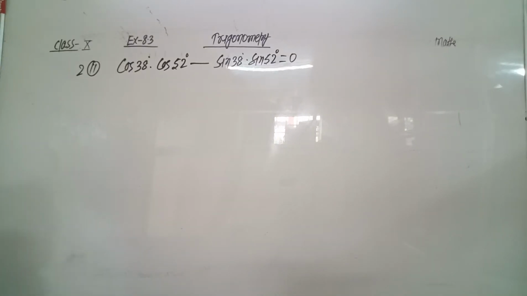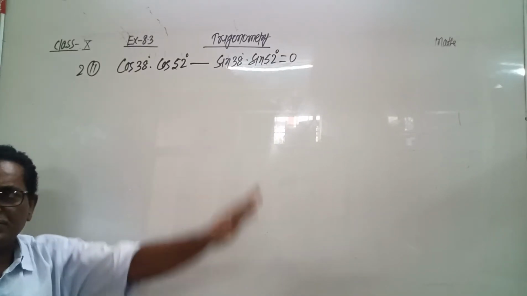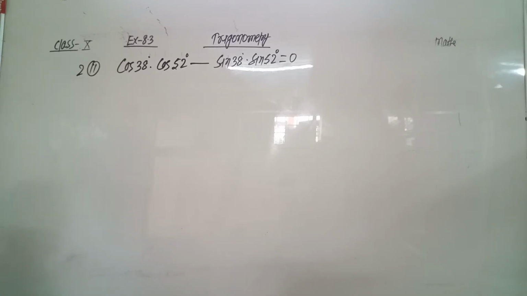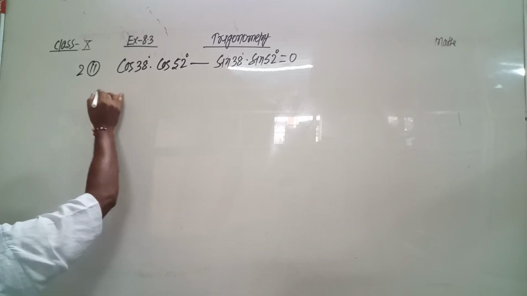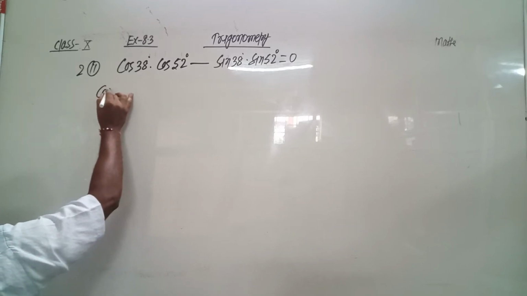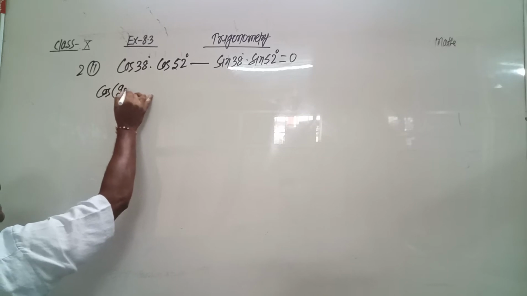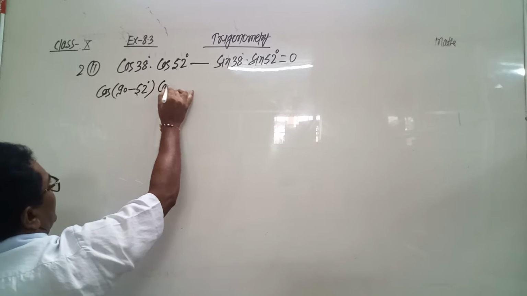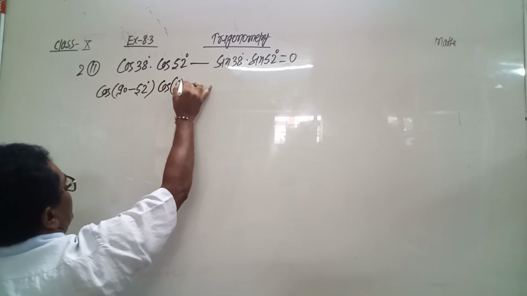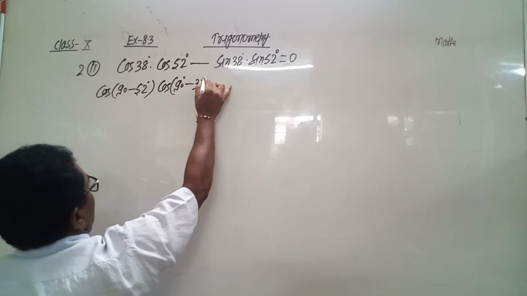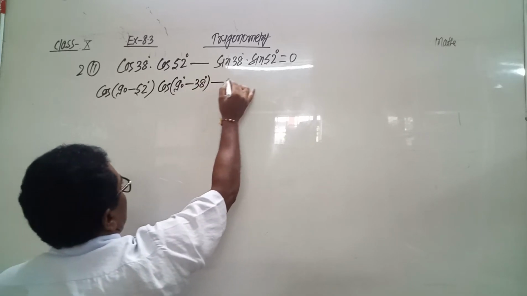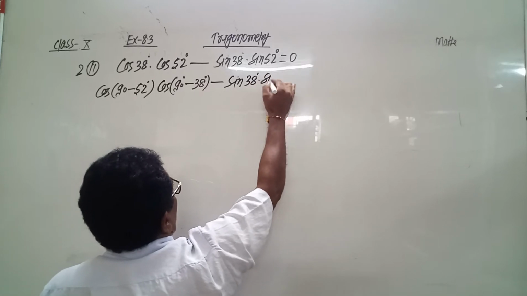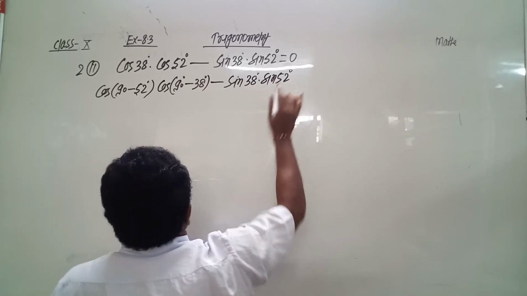So we have to expand any one of these two terms. So cos 38 is written as cos (90 minus 52) and cos 52 is written as cos (90 degree minus 38), and this term would be written as minus sin 38 degree into sin 52 degree.